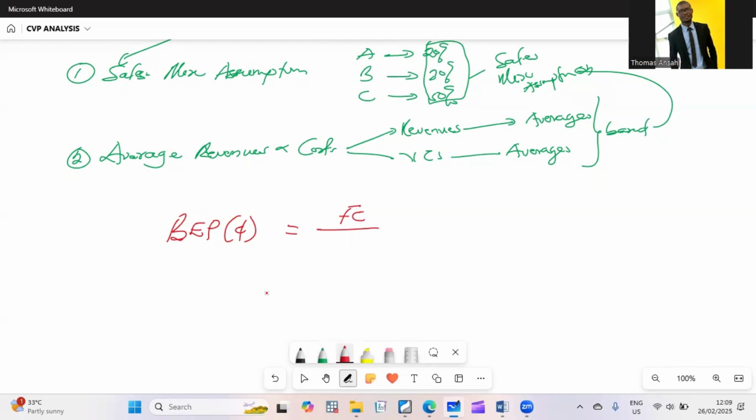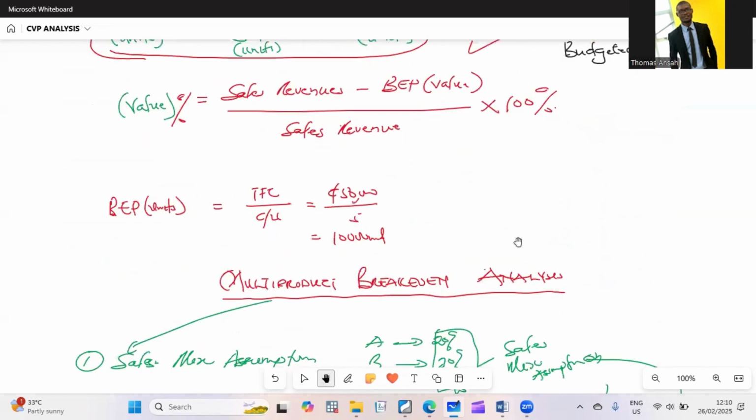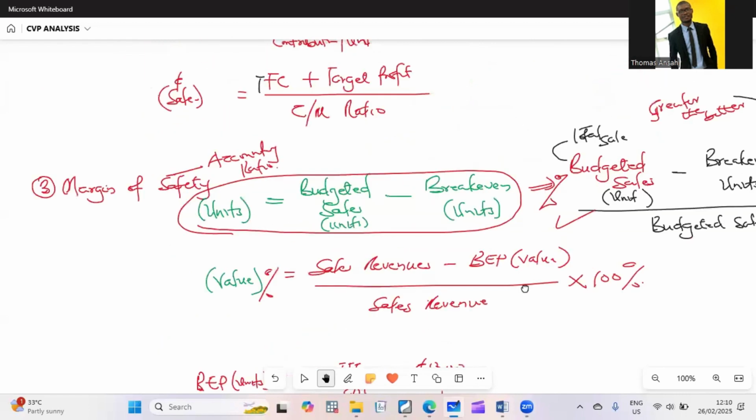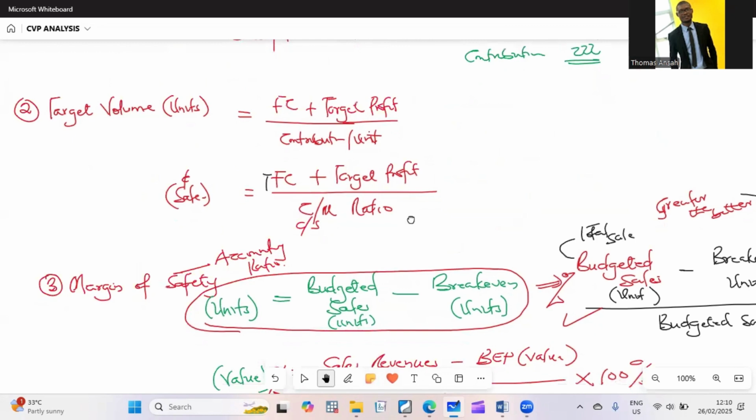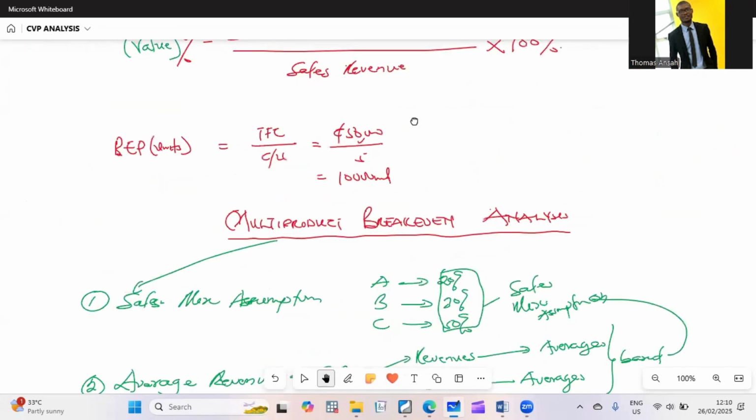You remember? Divided by contribution sales ratio or contribution margin ratio. So that thing we learned here. All right. So contribution margin, or you can also call it what? Contribution sales ratio. All right. Because it's contribution divided by sales, if you remember.